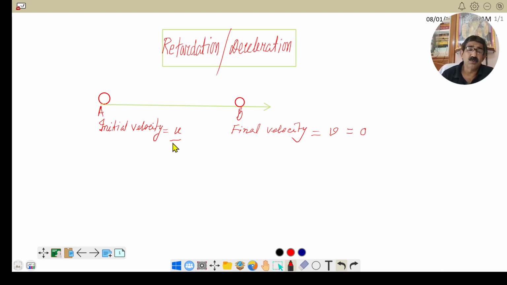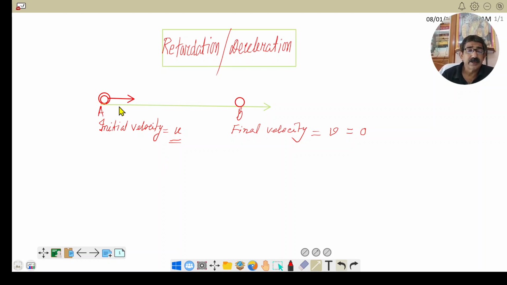Initial velocity u is non-zero. It starts with a velocity. It may be 5 meter per second or 10 meter per second or 20 meter per second, etc. And finally, this body stops. So if the body stops, we can say zero velocity.